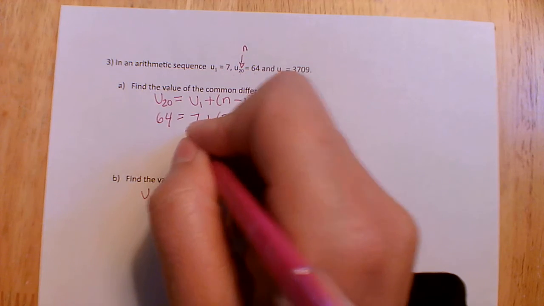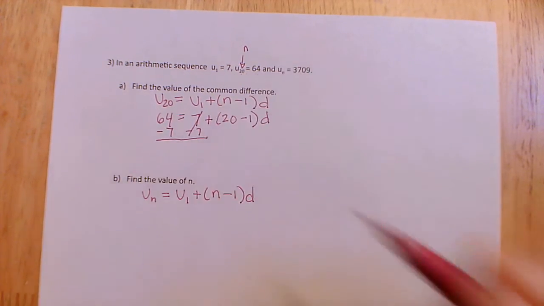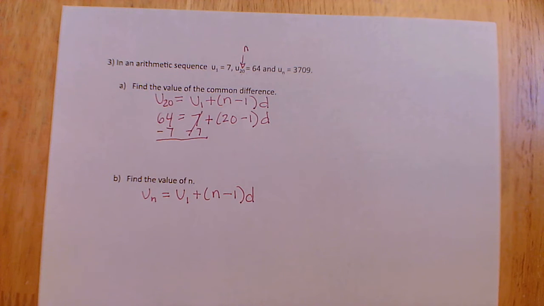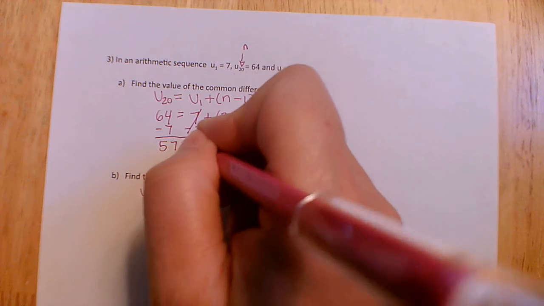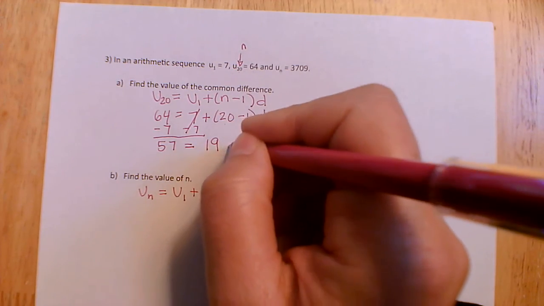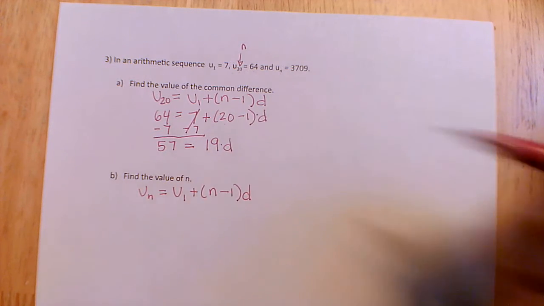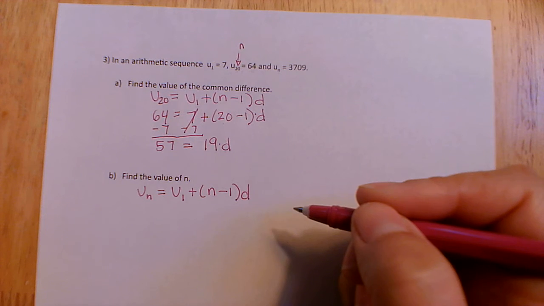Well, we know a few of these steps. First, because this is a positive 7, we are going to subtract it from both sides. So 64 minus 7 in my trusty old calculator gives 57 equals. 20 minus 1 is really 19, and d is multiplication, so it's just 19d. We've done this one-step problem before.